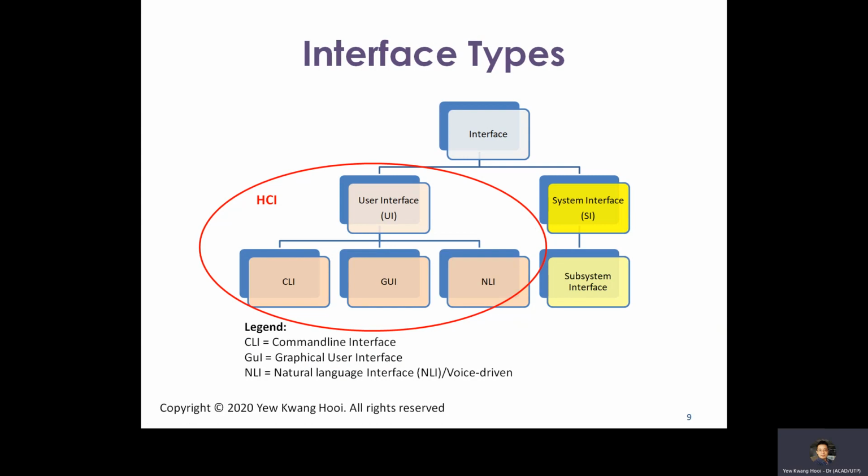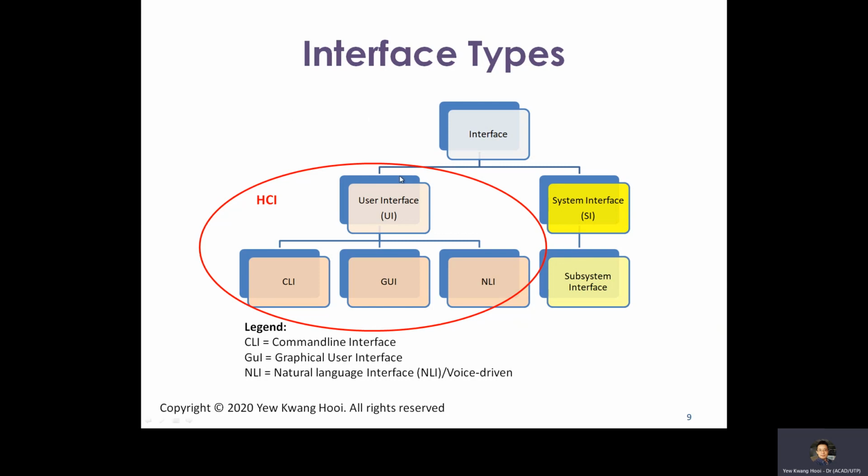So this hierarchical chart shows you the different types of interfaces. Yeah. So do not limit yourself to interfaces that are graphical. Interface can be used for user or between software systems, between subsystems. That's number one thing that you should know about interface.